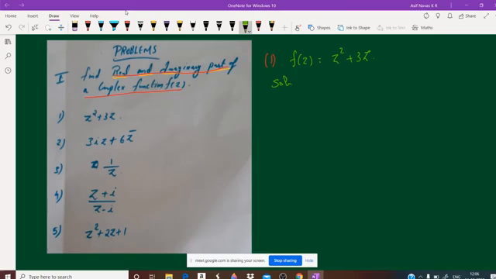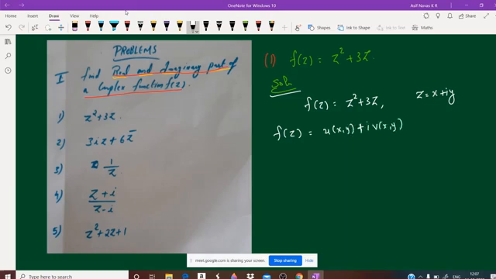The solution. So here we have f of z is equal to z square plus 3z and we denote z by x plus iy, and we know that f of z can be written as u of x,y plus i v of x,y.